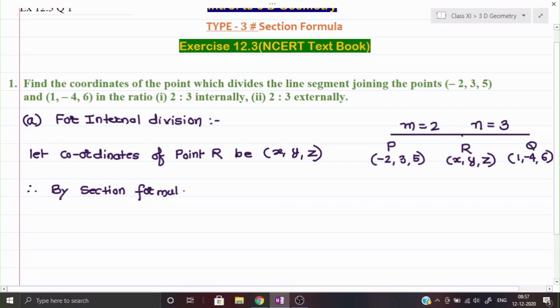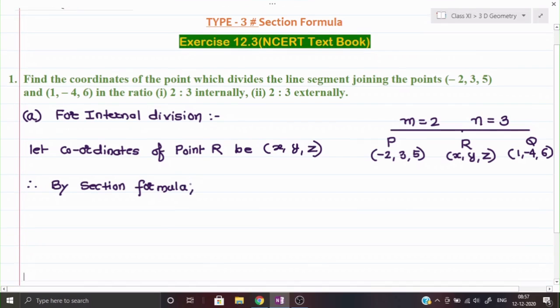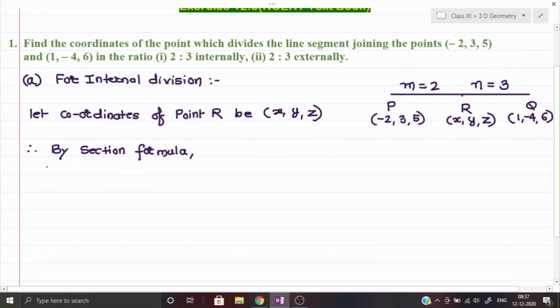Now in the section formula we shall apply first for the x coordinate. So the value of x will be equal to m, that is 2, into the x coordinate of Q, that is 1, plus n, that is 3, into the x coordinate of P, that is -2, and in the denominator the sum of both, 2 plus 3.